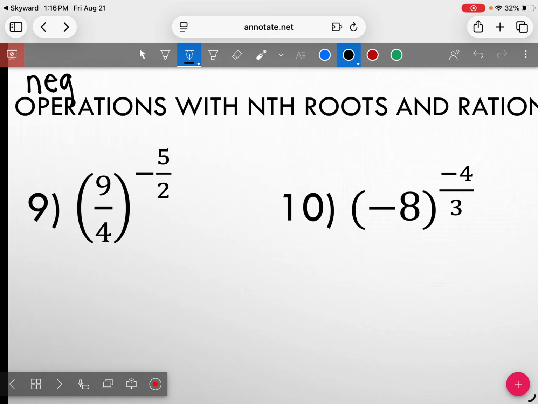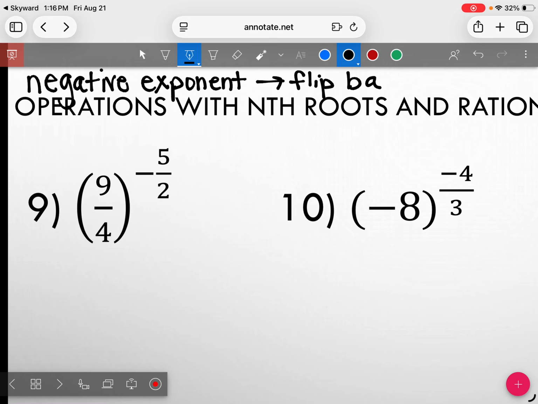I'm going to write the rule for a negative exponent at the top because pretty sure we don't remember. When you have a negative exponent, you flip the base or take the reciprocal. That's what I'm doing. And then you make the exponent positive.